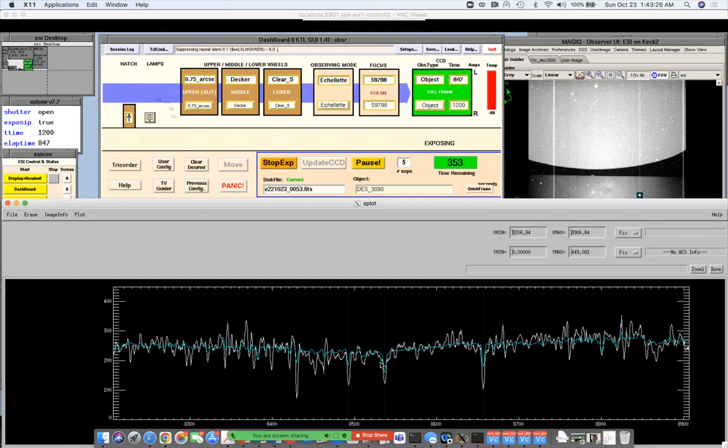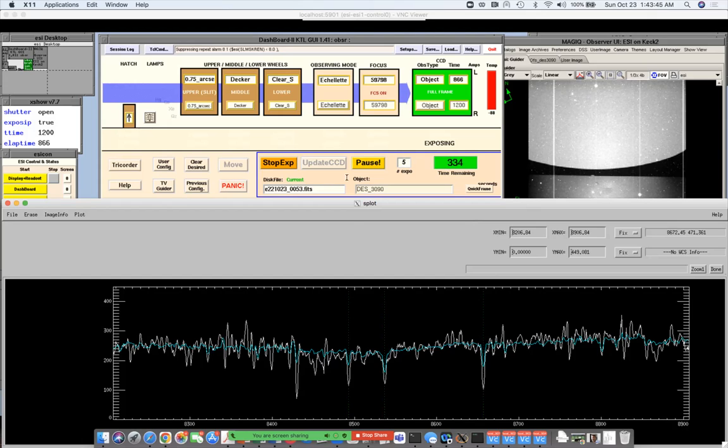Okay, and what you're seeing on this black and white screen is actually a spectrum, because you've got intensity on the y-axis and wavelength on the x-axis. This particular spectrum was not taken with ESI, but with DEIMOS, the spectrograph at Keck that we were using on Monday and Tuesday.